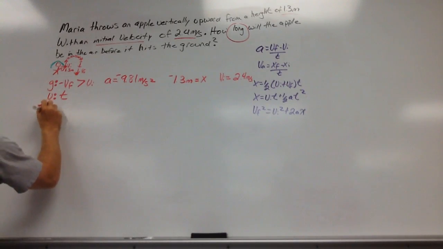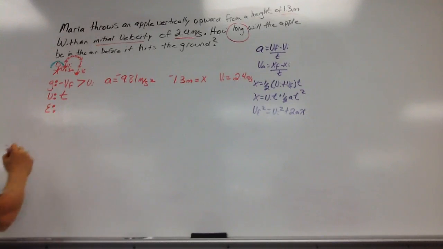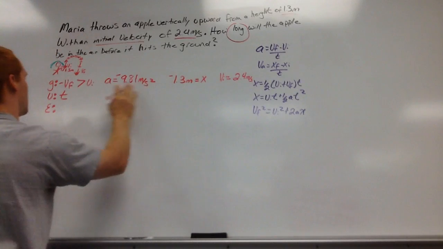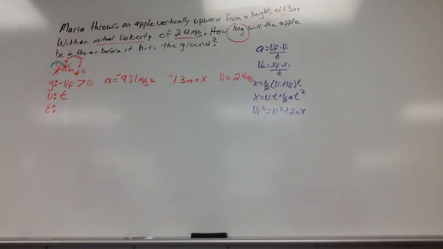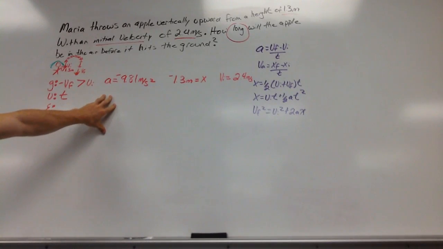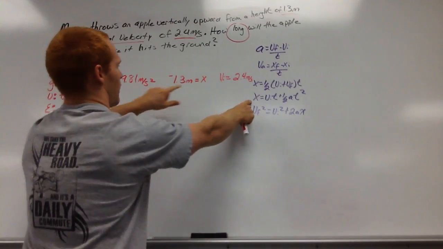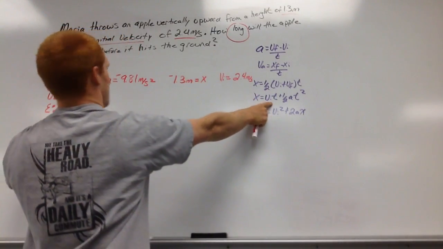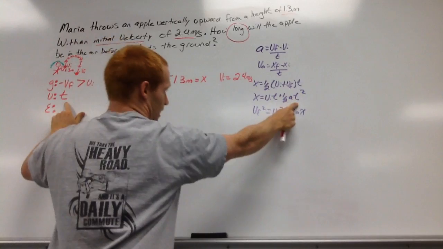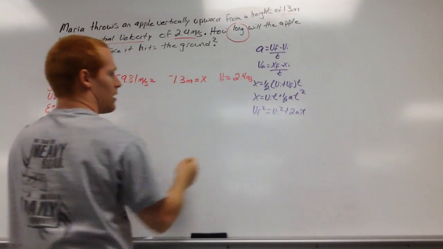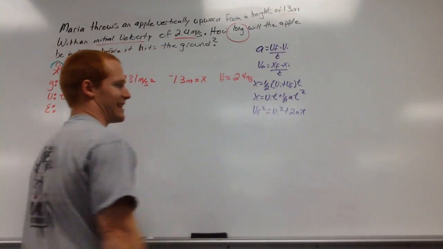Our equation. So we have acceleration, x, VI, t. This one's tricky. The reason why is the equation that has x, VI, t, and a has a t squared and a t.